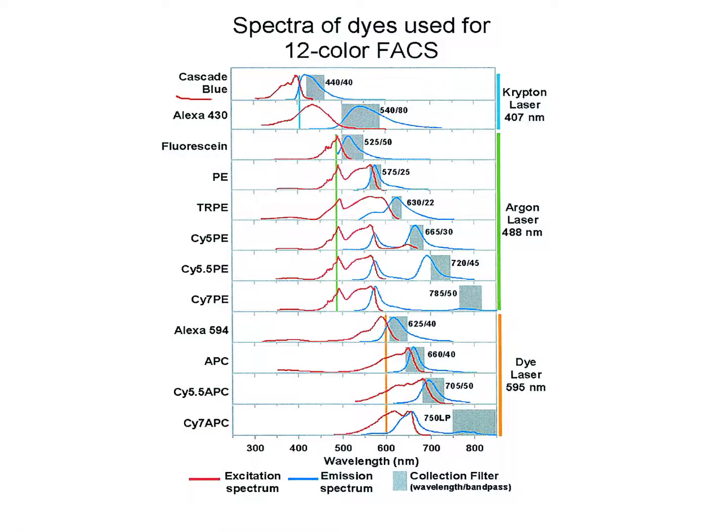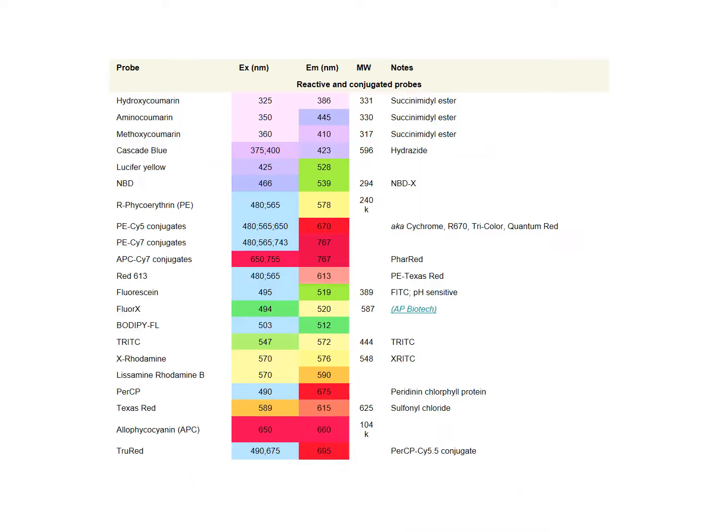These are just some dyes that you use. You don't have to memorize this. And the wavelength of light and the different lasers that you need and the colors and the spectrum. Okay, here's another chart, just shows the colors, the emission spectrum, how you attach.